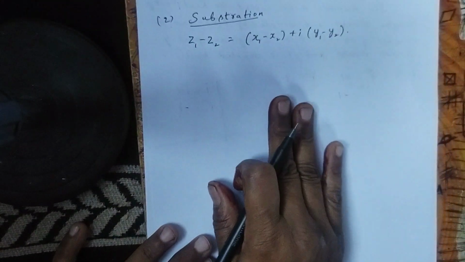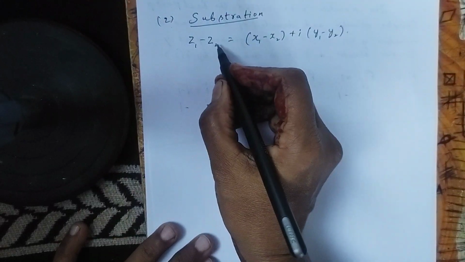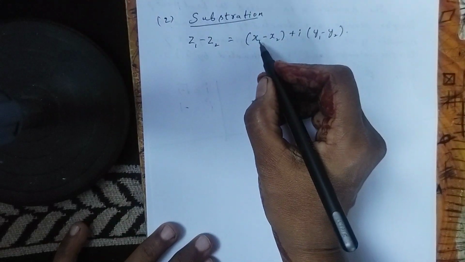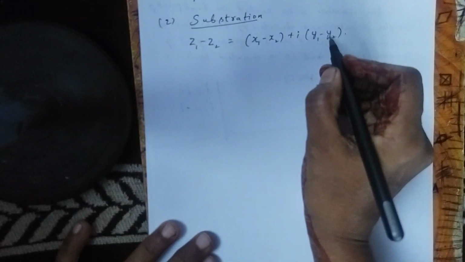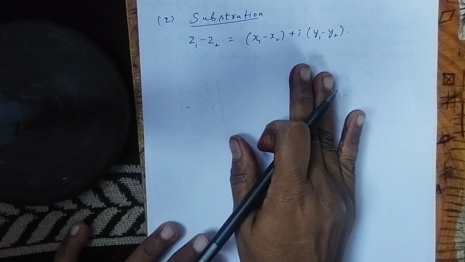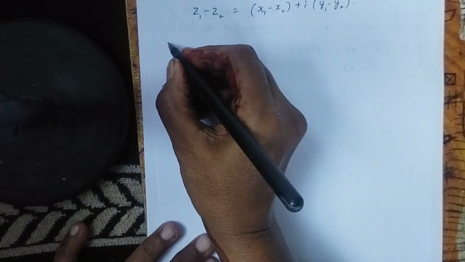That's all. Subtract the real parts x1 - x2, then subtract the imaginary parts y1 - y2. Okay, next, multiplication.